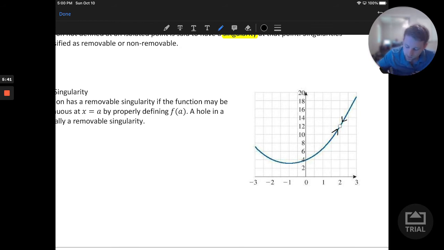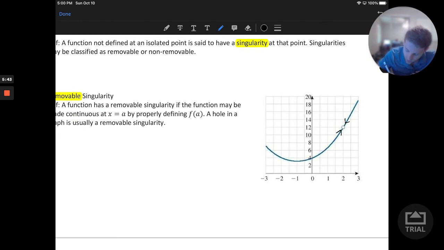And so one way we can consider this is if I consider the input x equals 2, currently the function is not defined at the point 2, but we can define a point here, f of 2 equal to 12. In other words, I can choose this f of 2 to be defined at 12, and that would consider really defining a point there with that open circle, and that would actually close the gap between those two portions of the function.